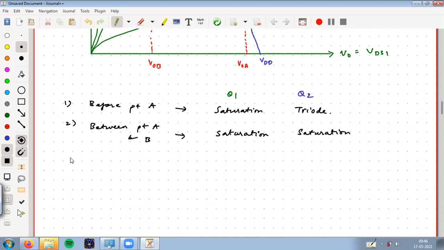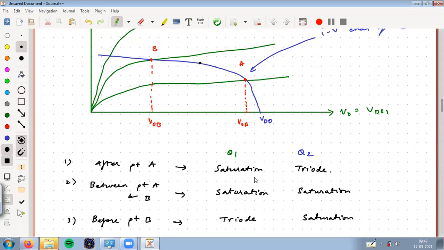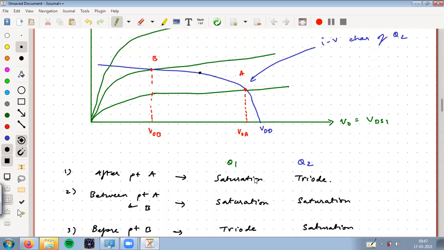Now, after point B, not before, what happens? Q2 will be in saturation region, remember it is a mirror image, but Q1 will be in triode region. So this is what I wanted to show. It is evident once you look at the graph.